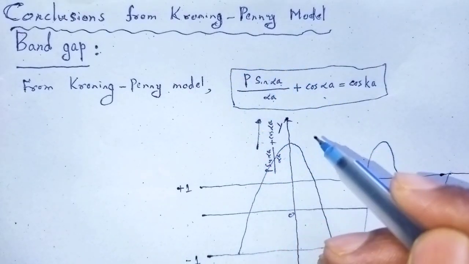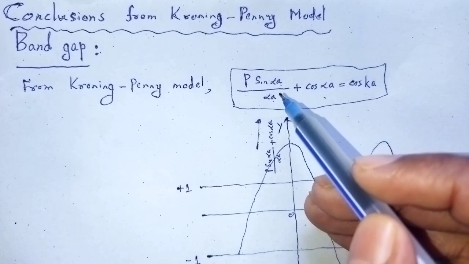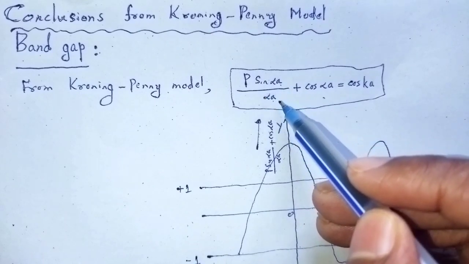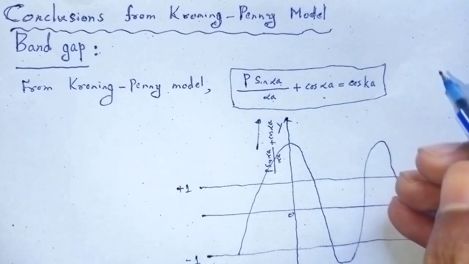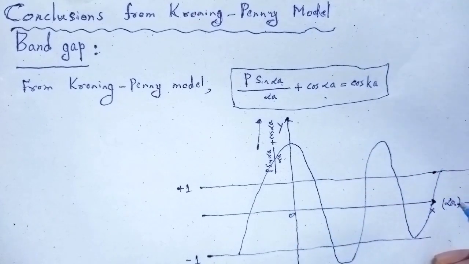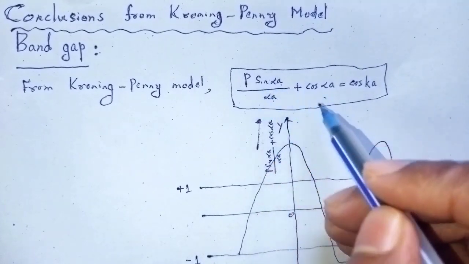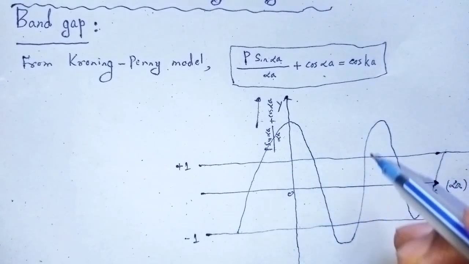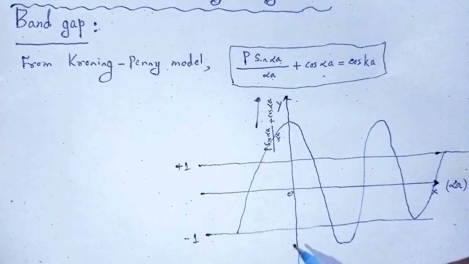If we plot a graph of that term P sin alpha a divided by alpha a plus cos alpha a along the y axis against alpha a along the x axis, the graph looks like this.